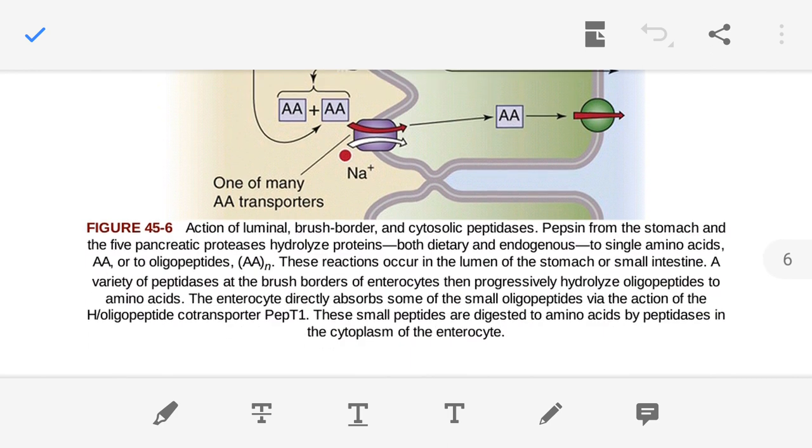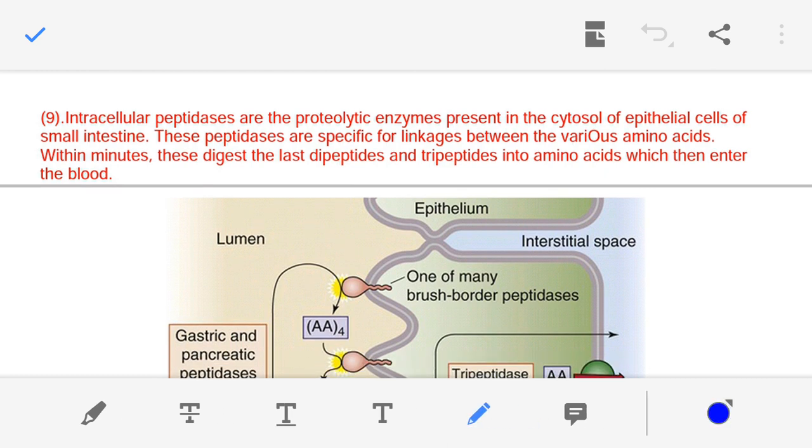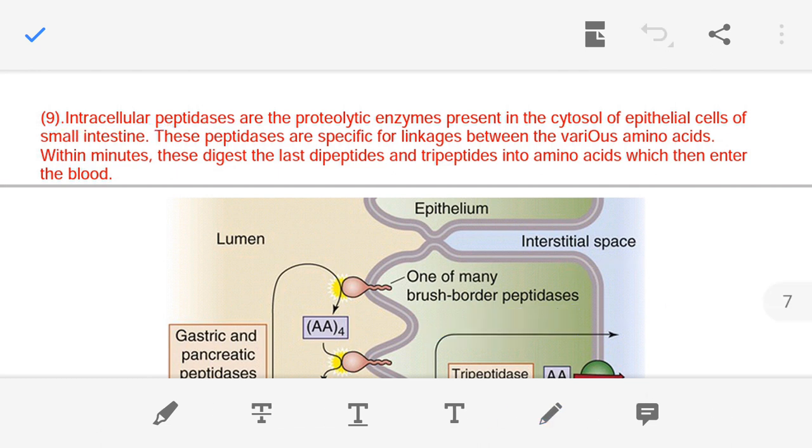So the 9th point: intracellular peptidases. These enzymes are present in the cytoplasm of the enterocyte. The cytoplasm is shown by green color here.